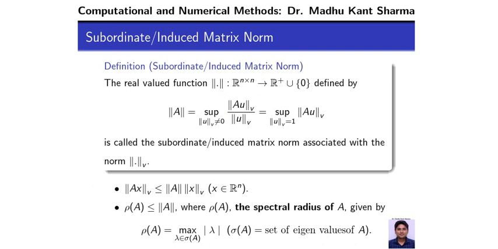Moreover, you can also verify the following. If you denote by rho of A the spectral radius of A, how is it defined? It is the maximum over the set of all eigenvalues of the matrix A in the magnitude sense.